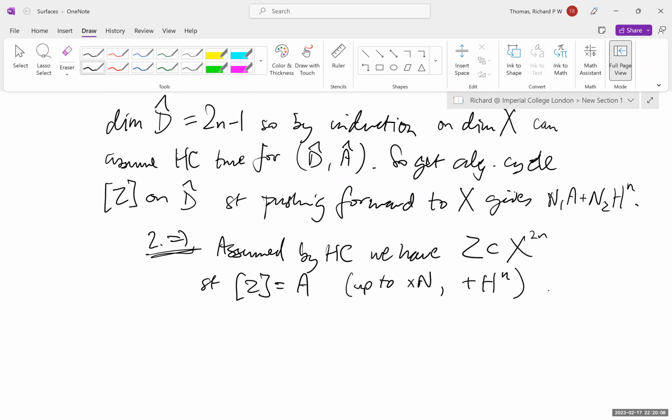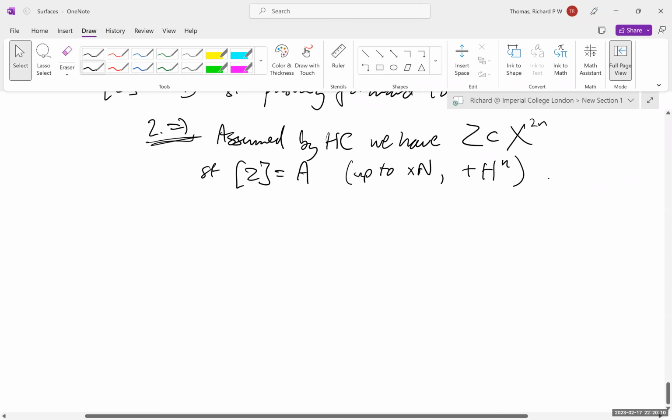Okay, so we have our Z. And now I'm going to try and show that there's a nice hypersurface or nodal hypersurface containing this Z. Well, the first thing to do is to smooth Z. So Kleiman shows that you can assume that Z is smooth.